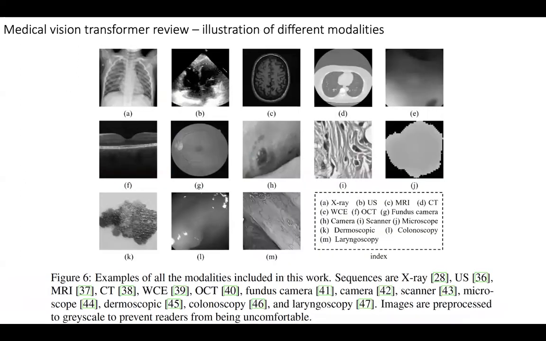Okay, here is an illustration of different image modalities. For example, subplot A is an X-ray image of the chest, and this is the ultrasound image. Usually we care about this black area.